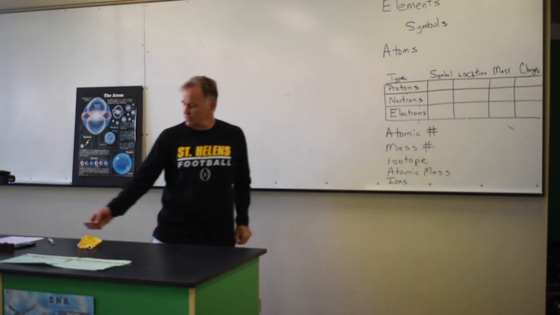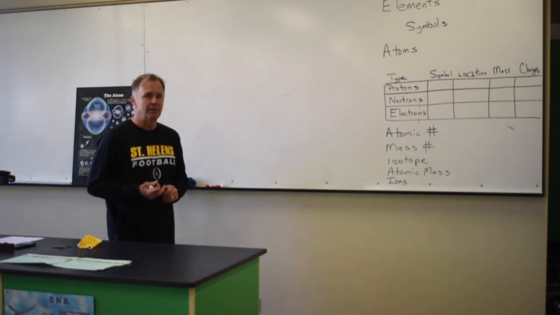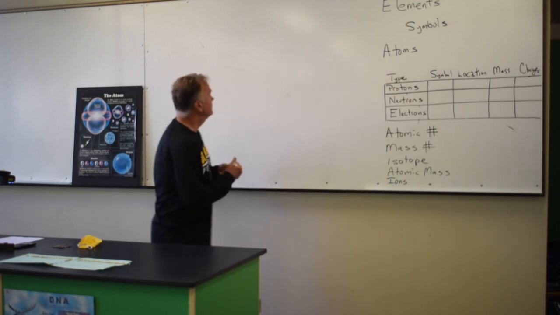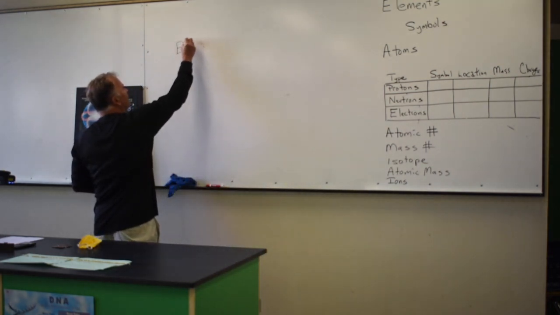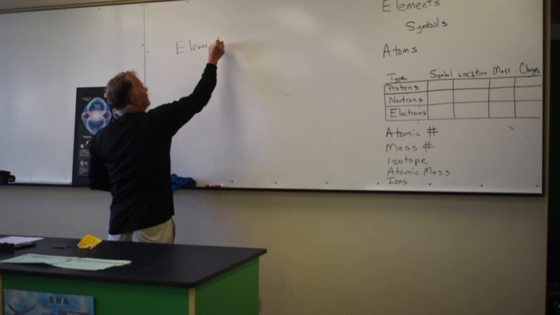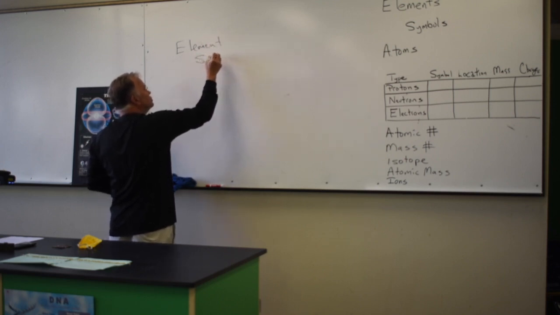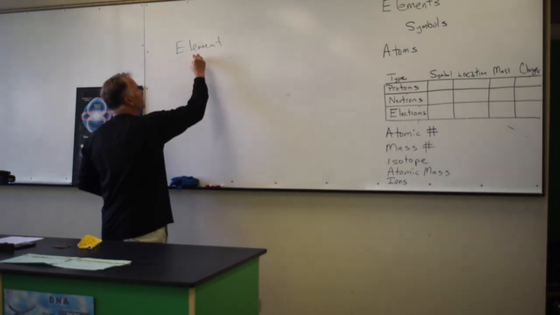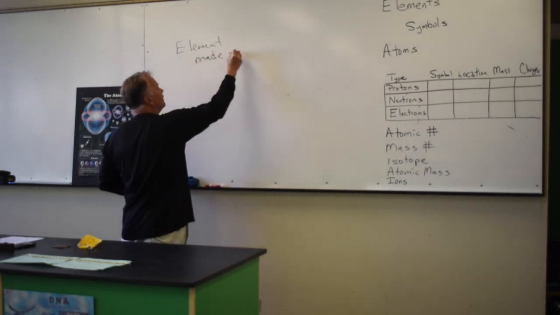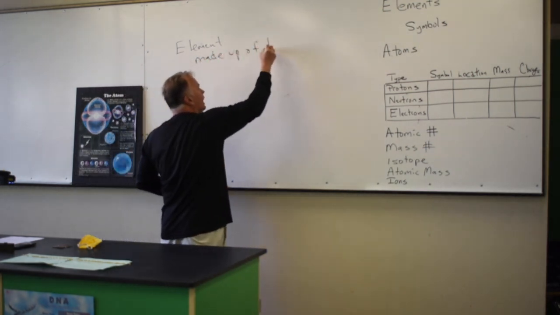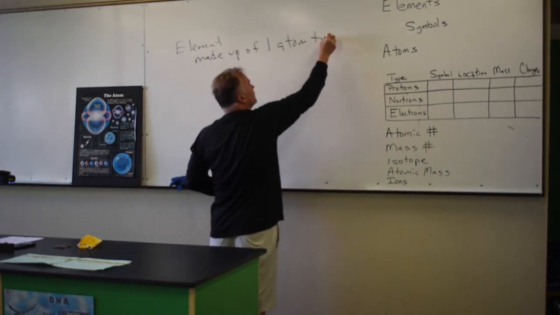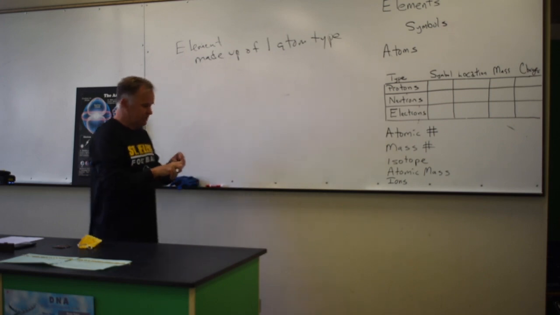For those of you taking notes, and there might be a note sheet in your folder: an element is made up of 1 atom type. We use symbols to simplify things.